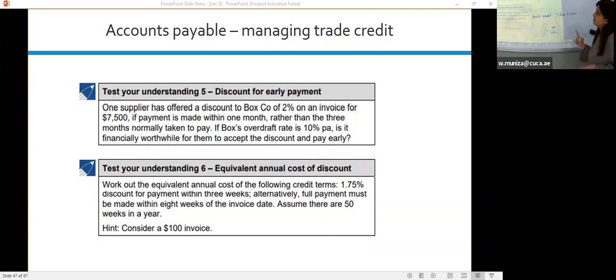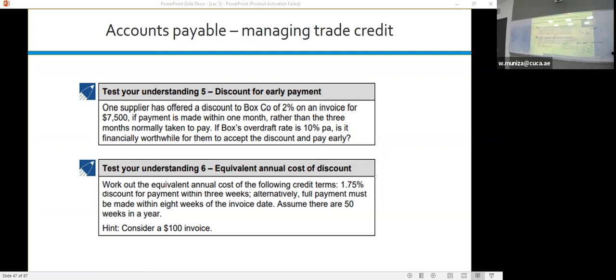Now the number of periods: rather than 3 months, it is taking 1 month only, so 12 divided by 2, minus 1. This will be the annual discount value. How much? 12.8%.